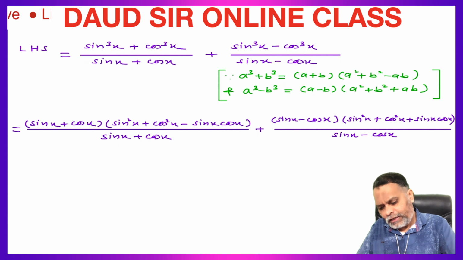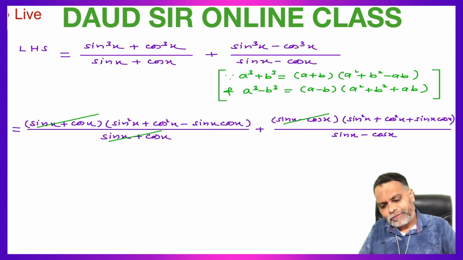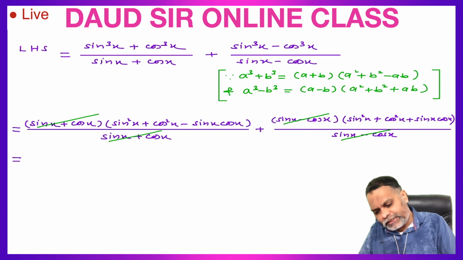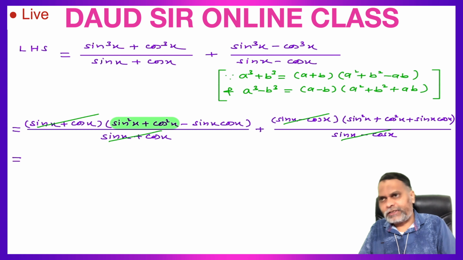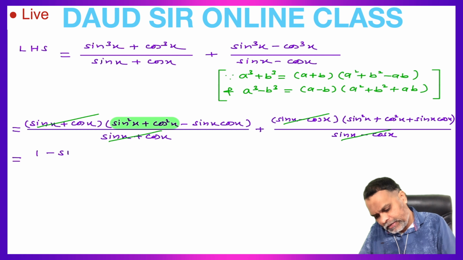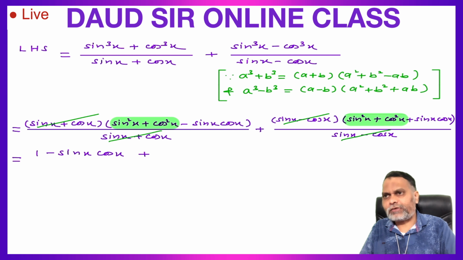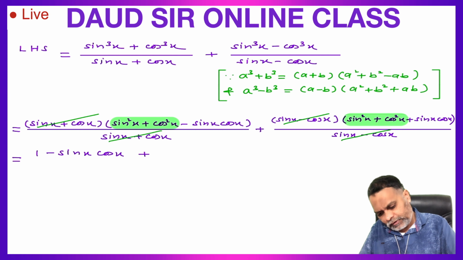Now this sin x plus cos x and sin x plus cos x get cancelled. Sin x minus cos x, sin x minus cos x cancelled, which is equal to this: sin square x plus cos square x is the Pythagorean identity, so it is 1 minus sin x into cos x, plus here again the same identity, sin square x plus cos square x is equal to 1, plus sin x into cos x.